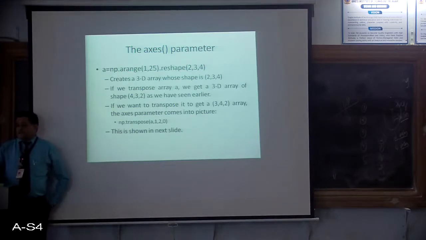So np.arange 1 to 24, reshape it as a 2 by 3 by 4 array, and now we want to transpose it to get a 3 by 4 by 2 array. If you transpose it as it is, it will give you a 4 by 3 by 2 array.